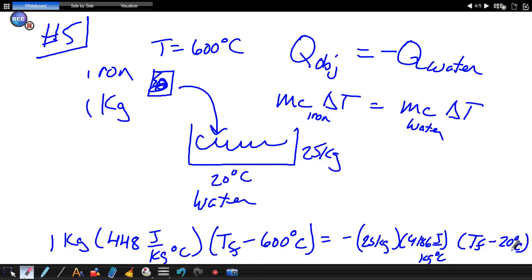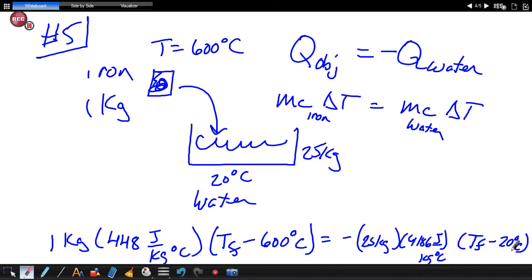And now you can solve for T final. You'll have some constant times T final on the left, some constant times T final on the right, and you solve for those. You'll get that it'll heat up to something like 25 or 30 degrees Celsius as you take the energy out and put it in the water.